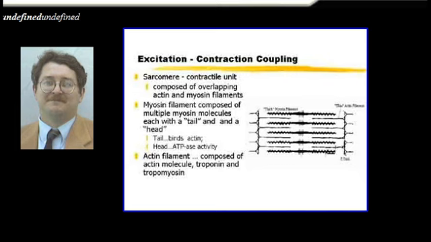The actin filament is composed of a spirally wound actin molecule and a tropomyosin molecule, with a troponin molecule interspersed across this filament and involved in regulation of excitation contraction coupling.